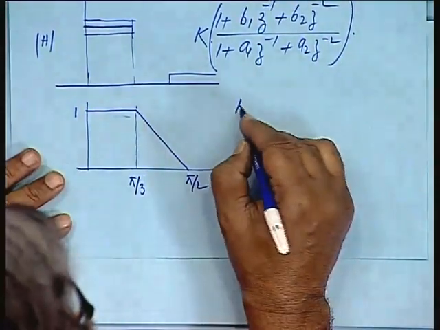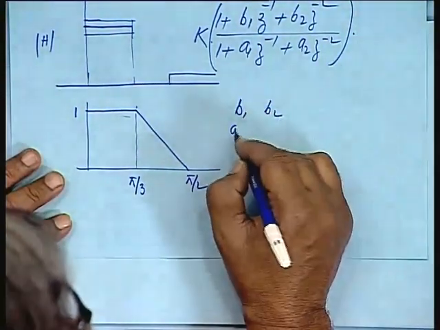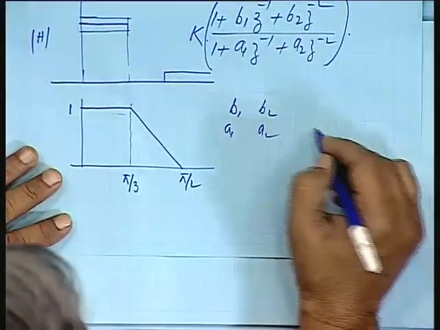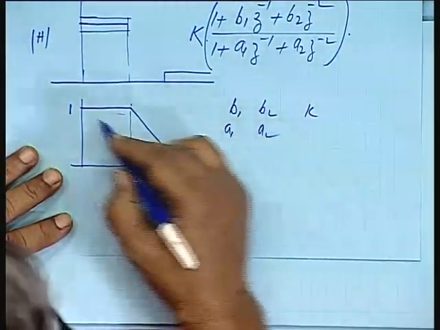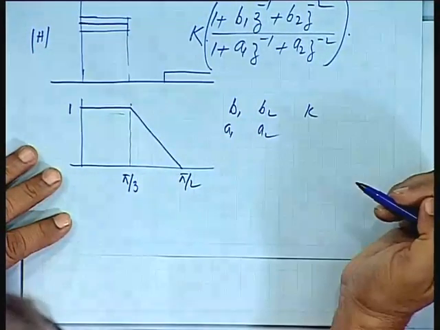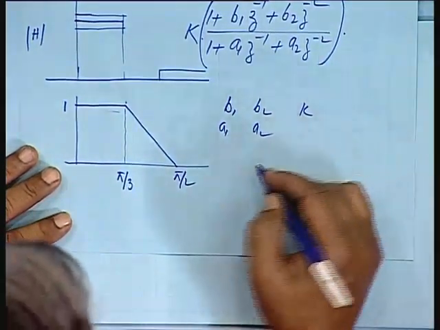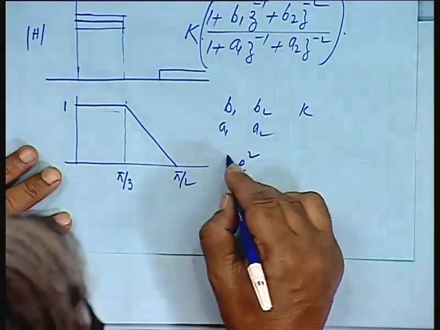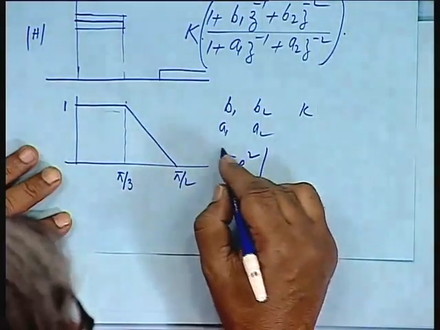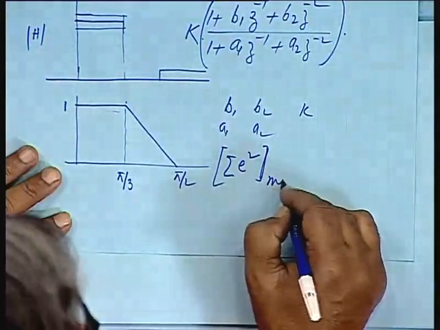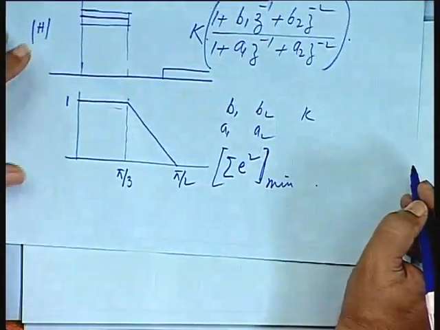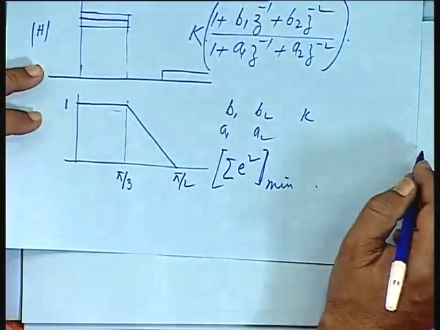What would be the values of B1, B2, A1, A2 and K, such that you get this type of characteristics? Minimize the error, minimize the error square sum. Okay.